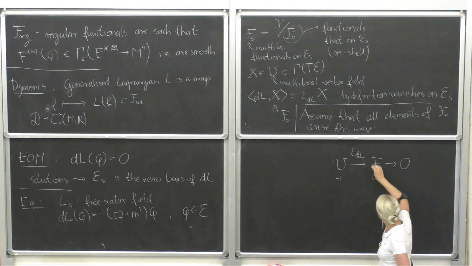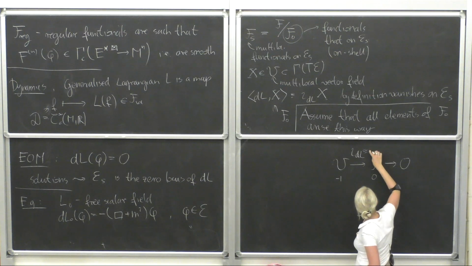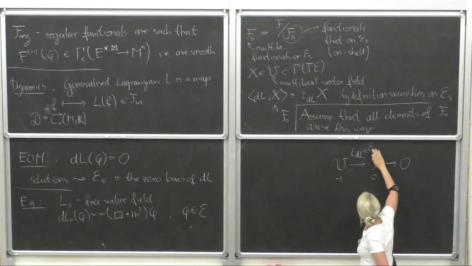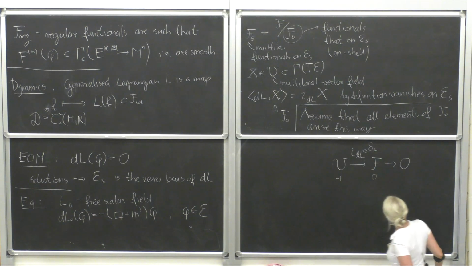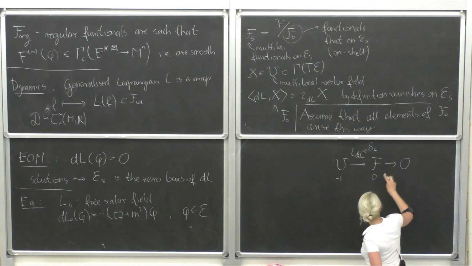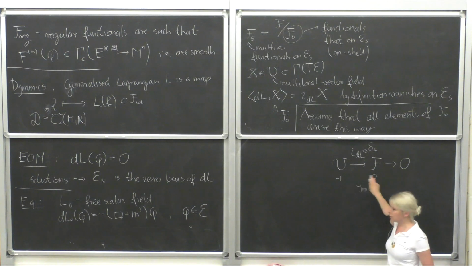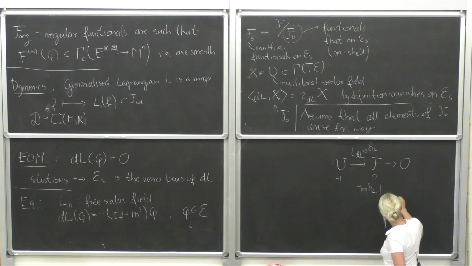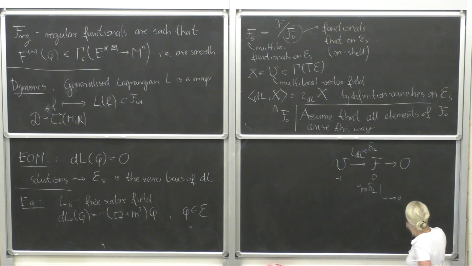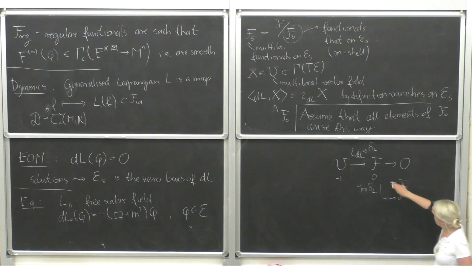So here, this map, let me denote it by delta L. So the image of delta L, when it goes from -1 to 0, so -1 to 0 is F0, okay?